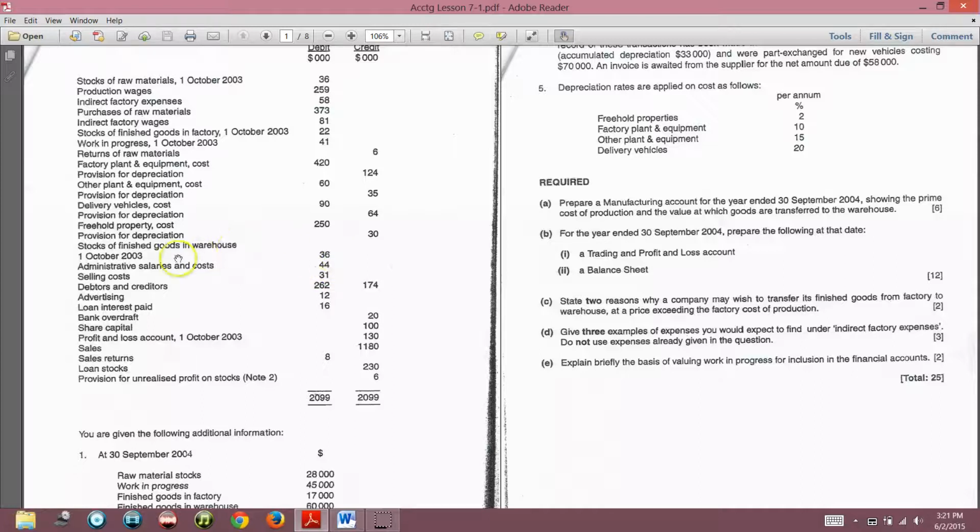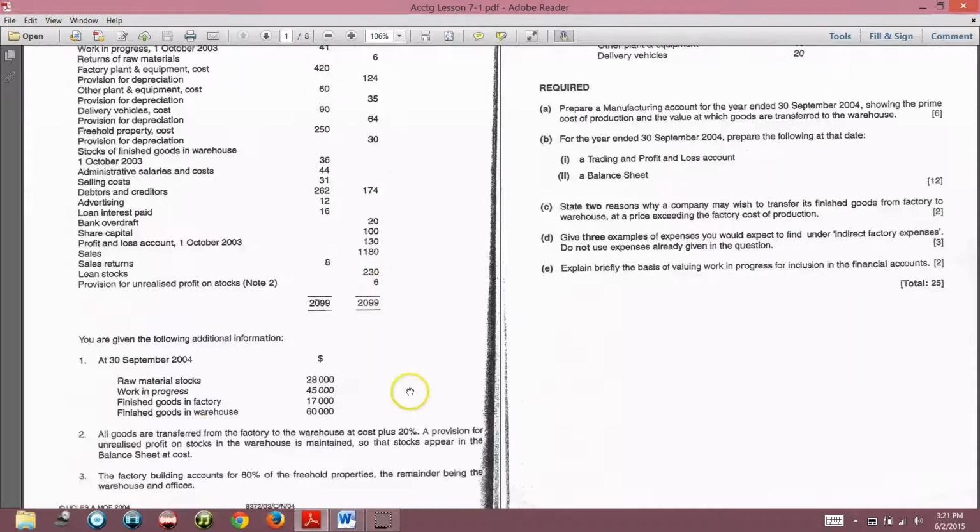The cost without the 20% profit element in the finished goods in the warehouse will be 30,000. That's how you get 30,000: 36 minus 6 is 30,000, and 6,000 is the unrealized profit.